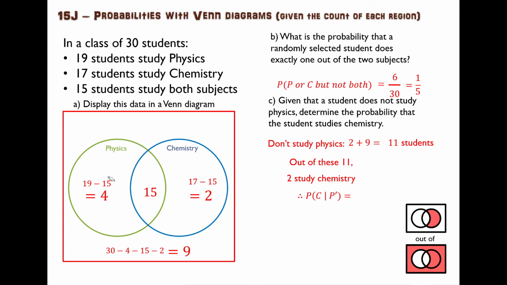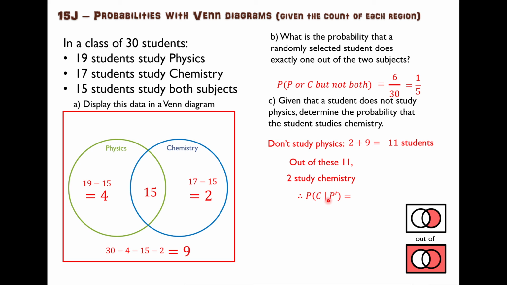So therefore, and I've introduced you to a new notation here, a new way of writing things. This line means given that. And this reads as, the probability of chemistry, given that it's not physics. This apostrophe is the complement, which means not that event. And this line means given that.